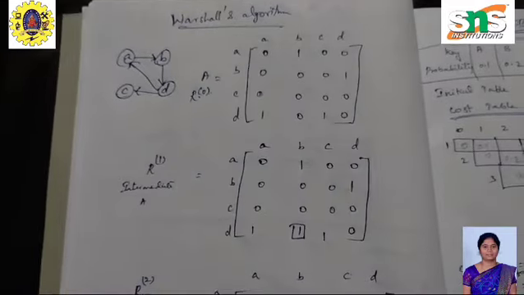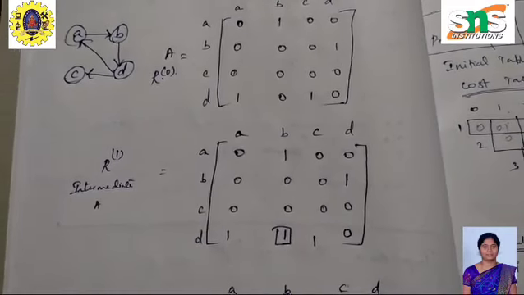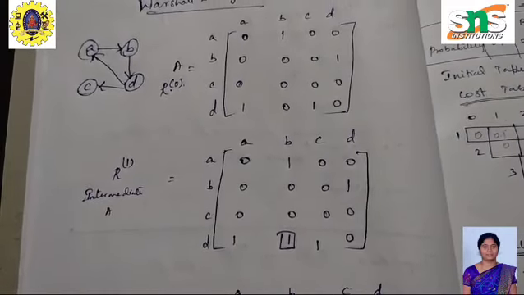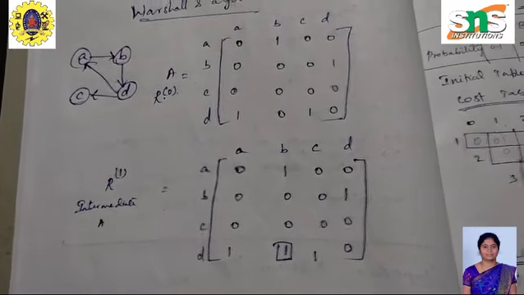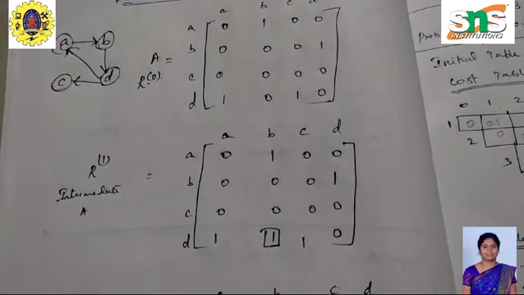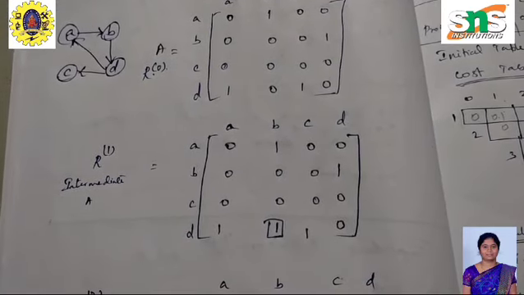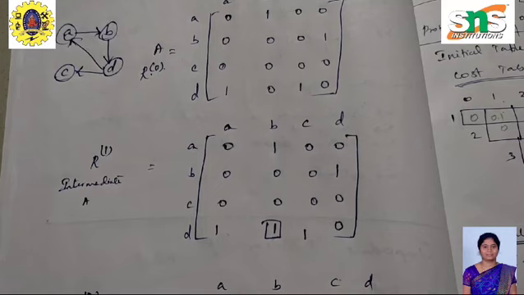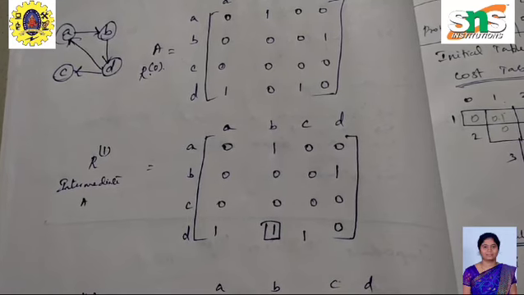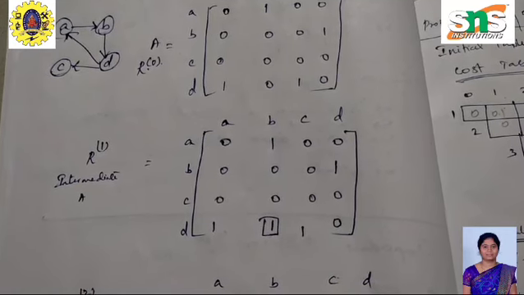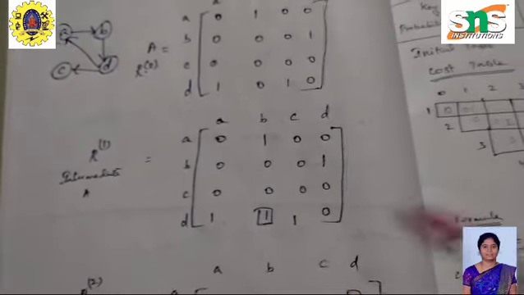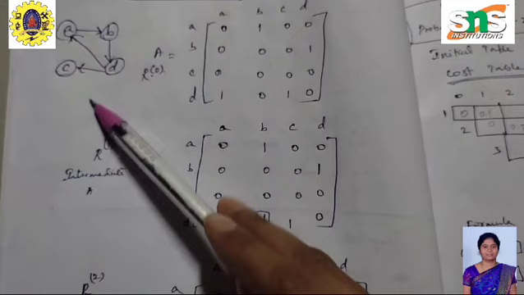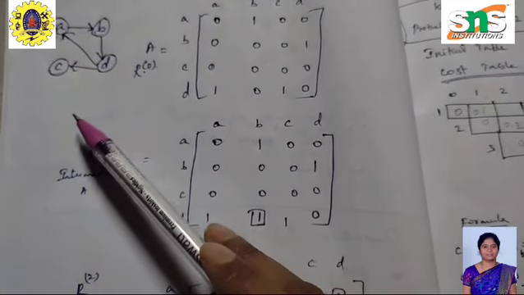Next B to A. For B to A I don't have any connection, even though intermediate node A is opened. And B to B also I don't have, and B to C also I don't have, and B to D I already have 1, so it is mentioned 1. For C to A, even though it is opened, I don't have a connection, so it is 0.